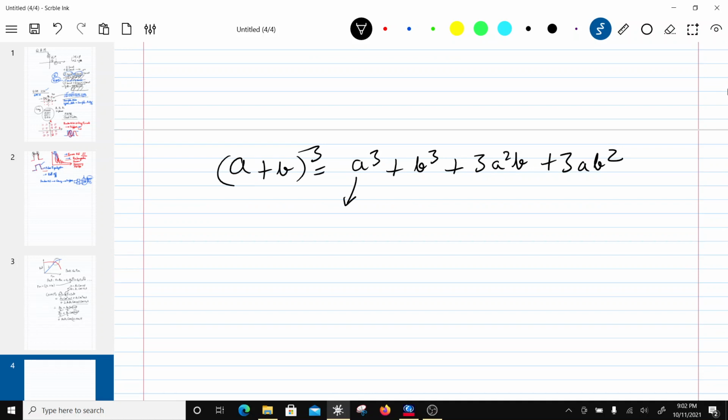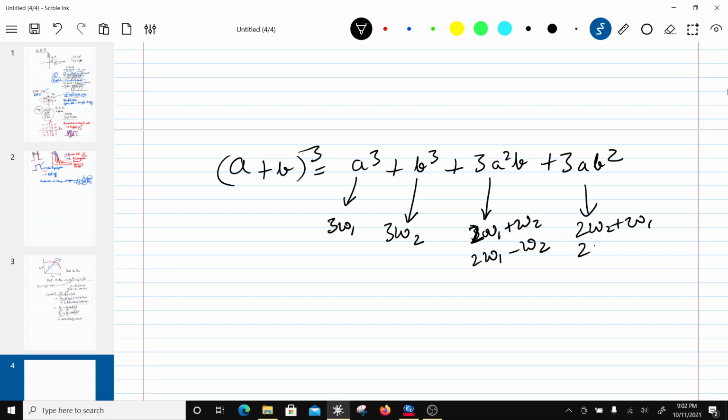I will just note that this will result in thrice of omega 1, thrice of omega 2, twice of omega 1 plus omega 2 and twice of omega 1 minus omega 2, and this one would result in twice of omega 2 plus omega 1 and twice of omega 2 minus omega 1, correct?